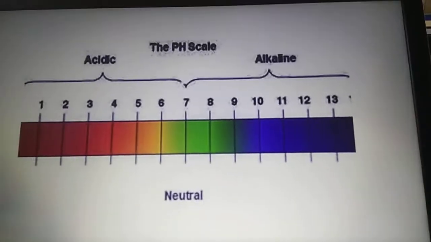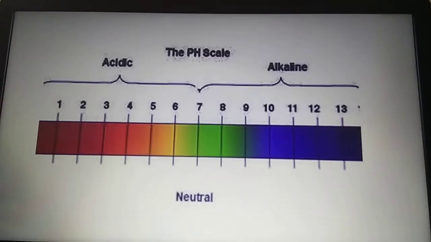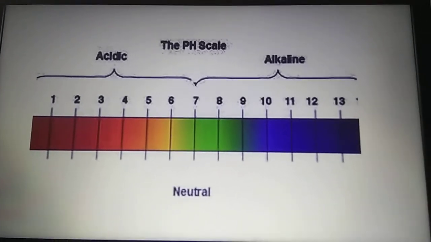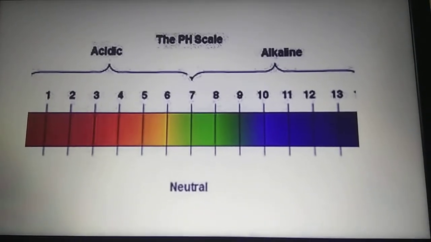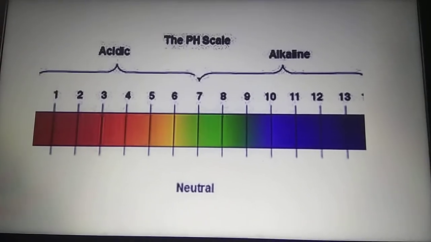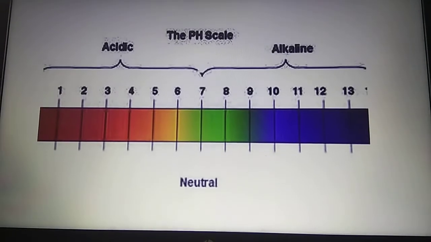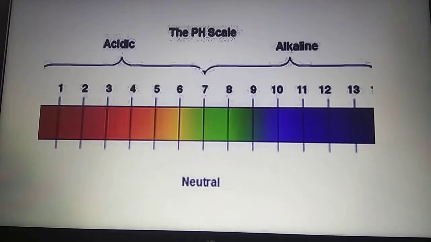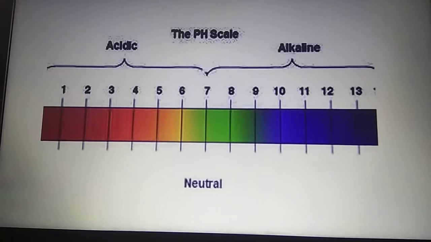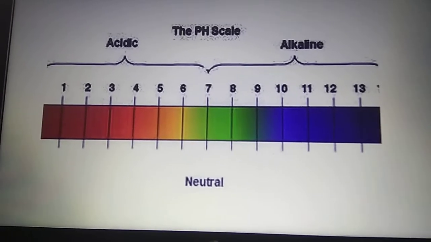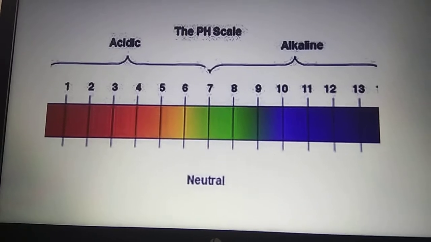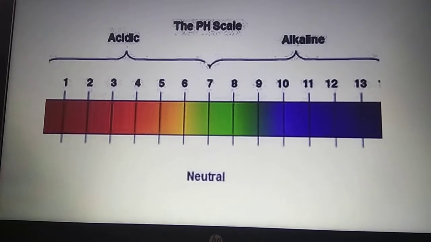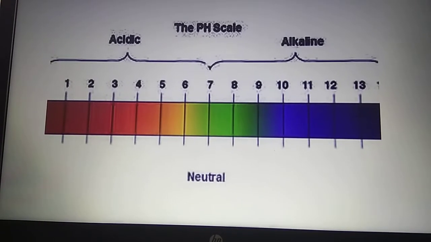This is the pH scale. pH scale starts from value 0 and ends at 14. 0 to 14 is the range of pH scale. pH 7, that means the midpoint, is showing the neutral point. That means the pH 7 is the value of neutral solution.